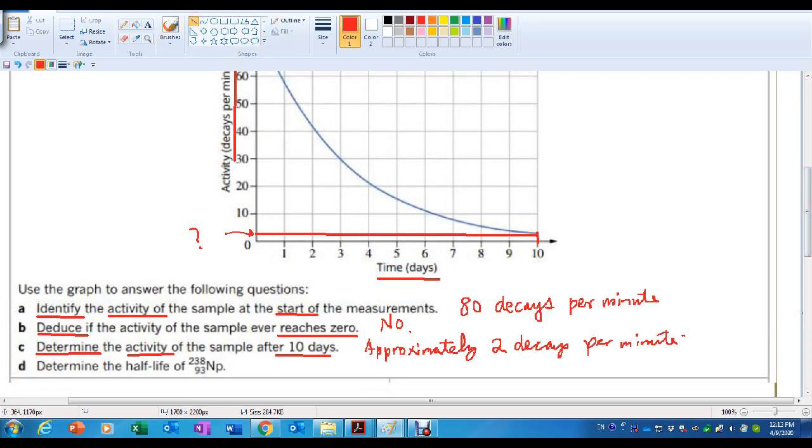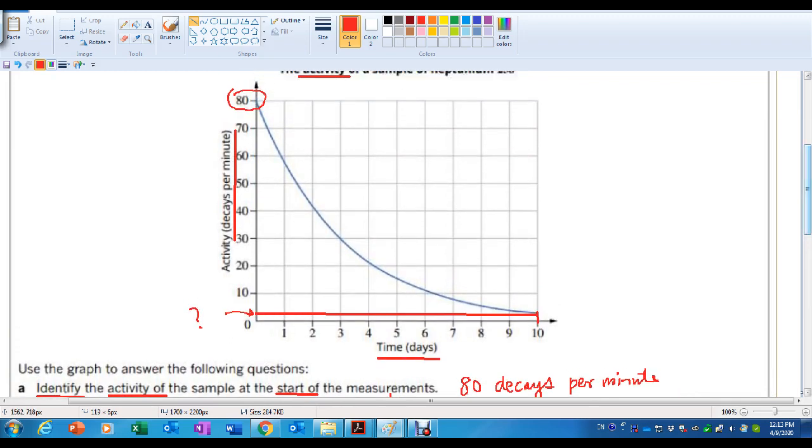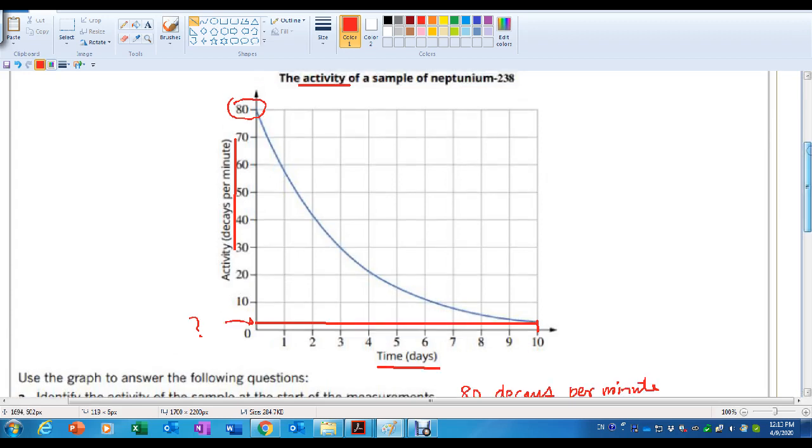Okay, so the last part is about the half-life. Determine the half-life of that Np-238. So how could we know the half-life? Half-life means you first look at the initial level of activity. So you start from here. That's the initial activity, right? And you look for half of it. When we multiply 80 by half, you get 40, right?